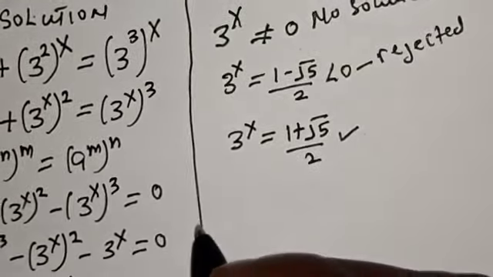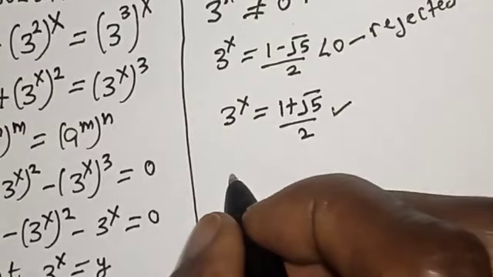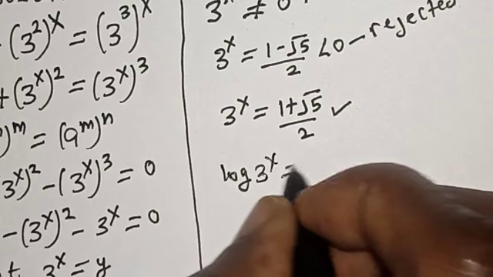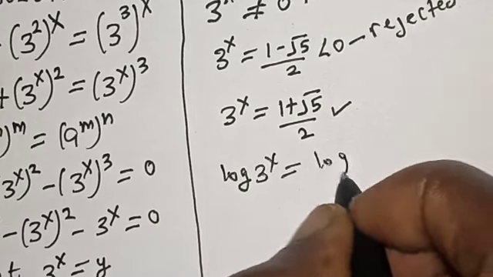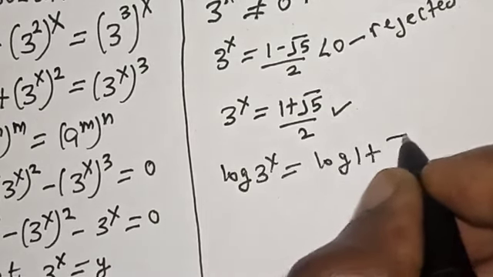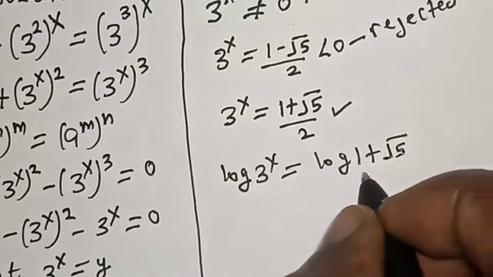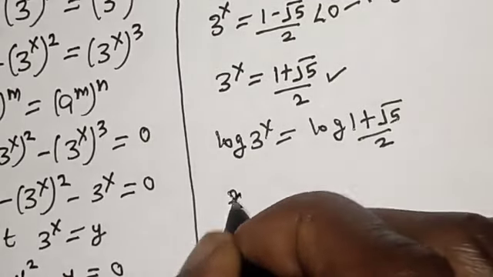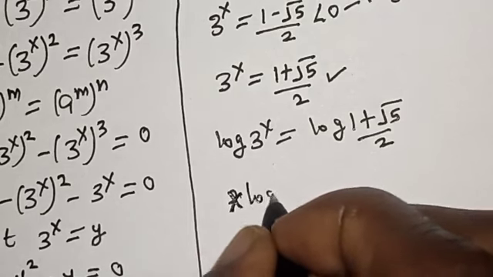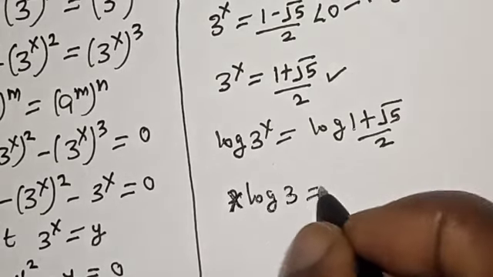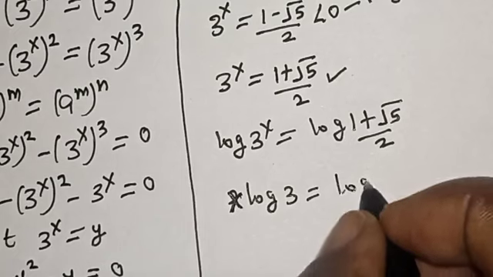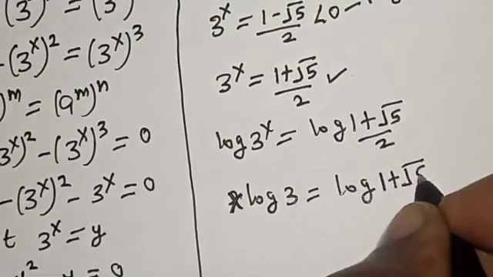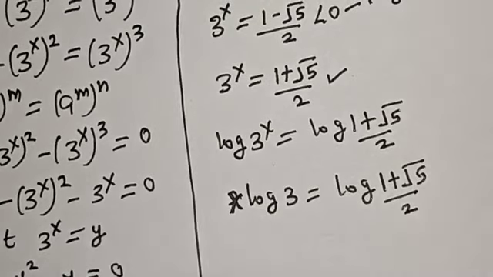Then let's take the log of both sides. Log 3 raised to power s is equal to log of 1 plus root 5 over 2. Then s log 3 is equal to log of 1 plus root 5 over 2.